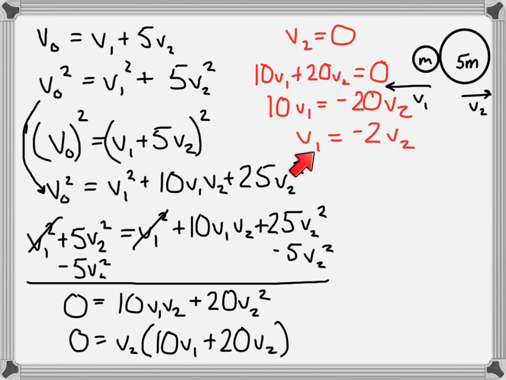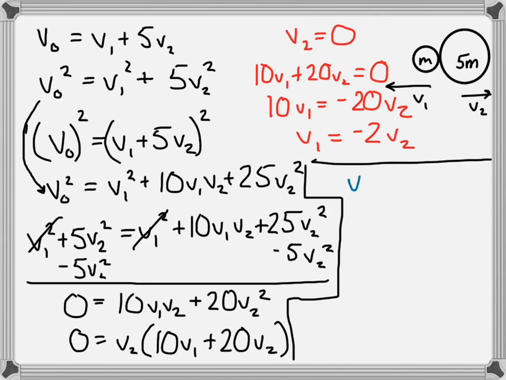Okay, but now what do I do with this equation? Well, I can take it and plug v1 into one of my original equations up here, either one of them. It would definitely be easier to plug into this equation. So let's replace v1 with negative 2v2.